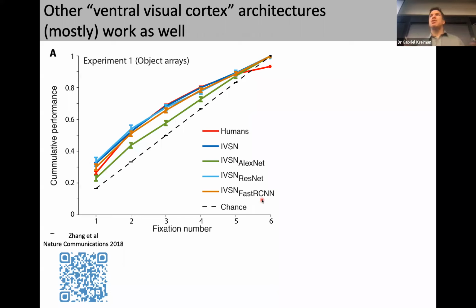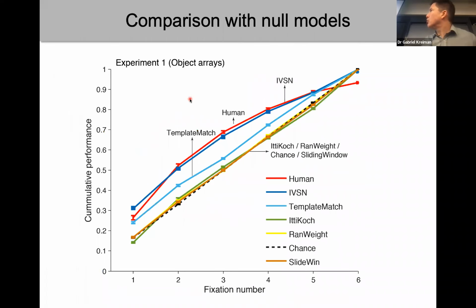These are jargon for different proxies for visual cortex, different deep convolutional neural networks that people have played with. And there's some difference between one and the other. In particular, this is a somewhat primitive version of visual models that does not work as well, but all the other ones work relatively well. So the details of what that architecture looks like don't seem to matter too much.